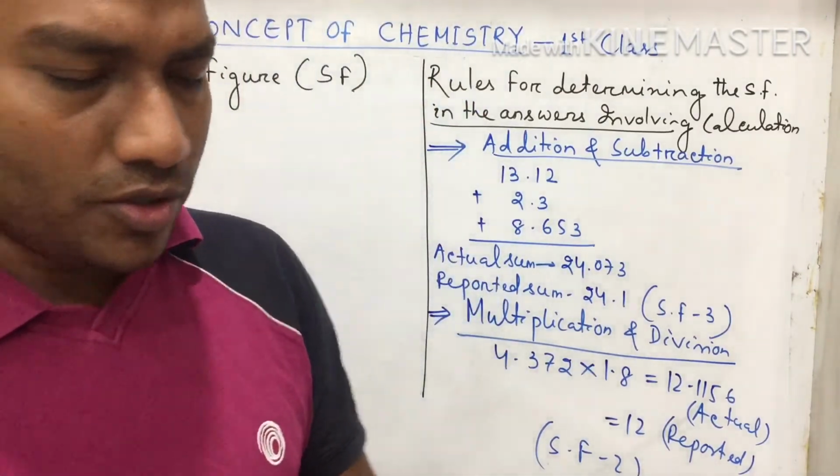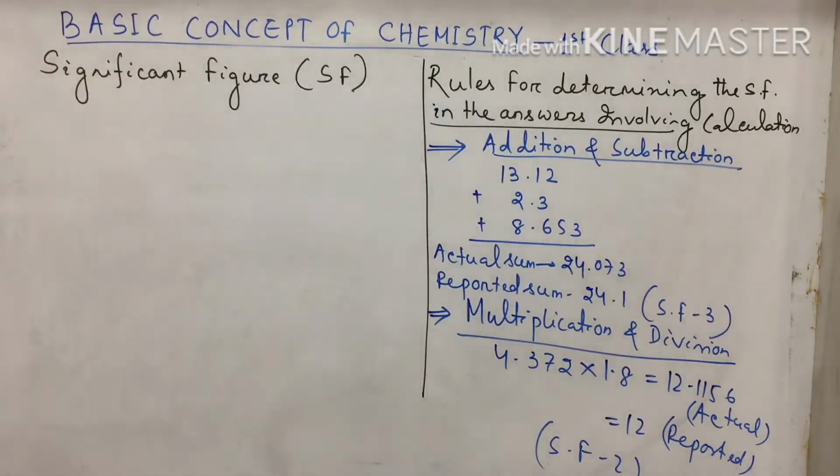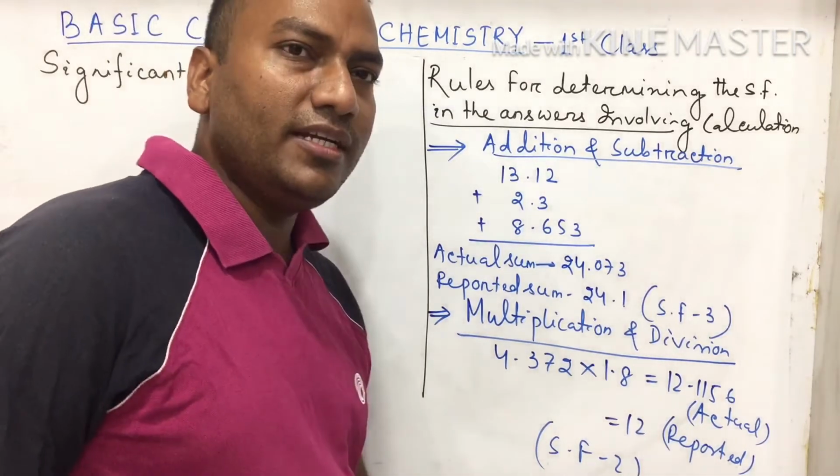It represents the total number of digits in a number, including the last digit whose value is uncertain. Again, the total number of digits in a number, including the last digit whose value is uncertain, is called a significant figure.